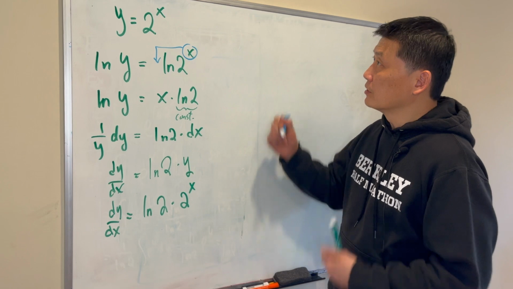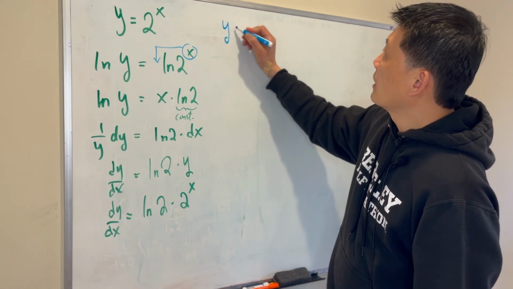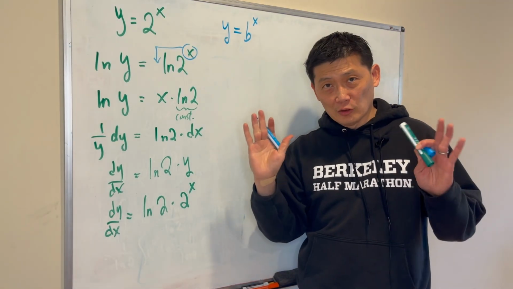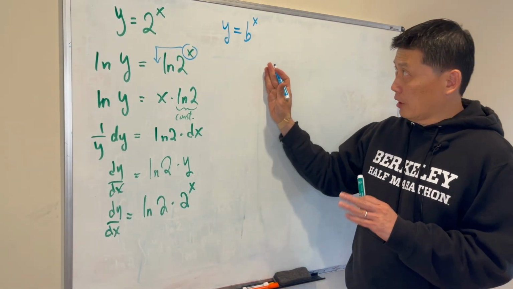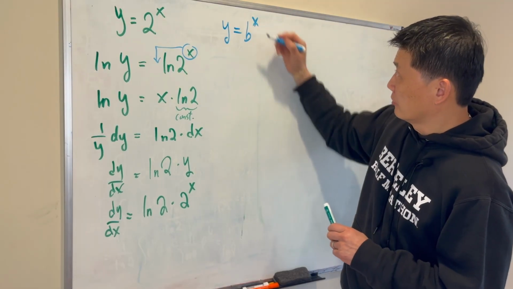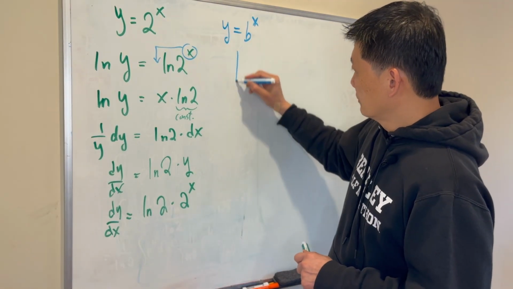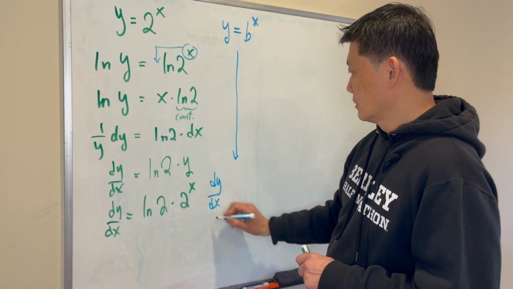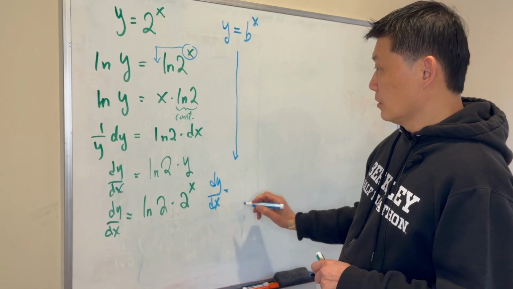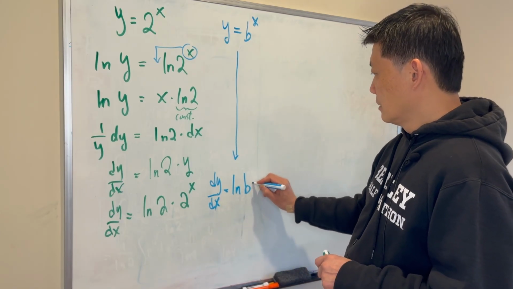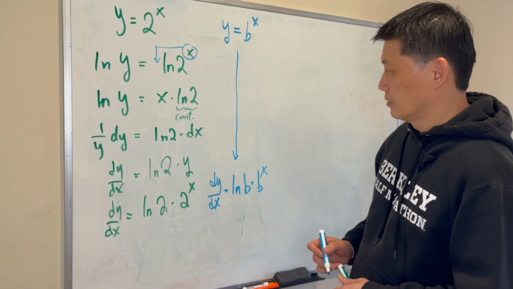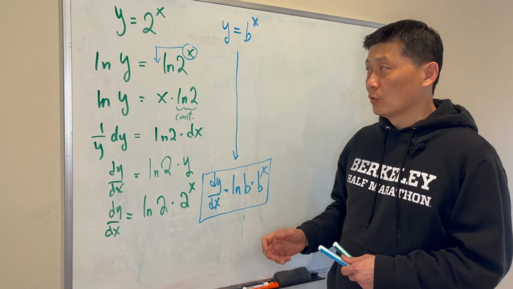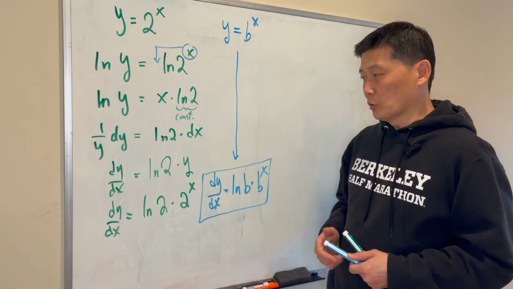What we can learn is that if I have y is equal to b to the x, where b simply means any base value, a number to the power of the variable x, then the derivative y prime is ln b times b to the x. This is the shortcut that we can use for other problems similar to this.